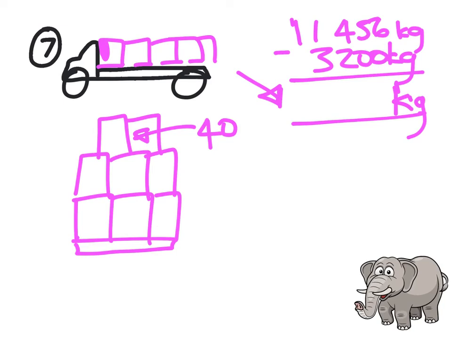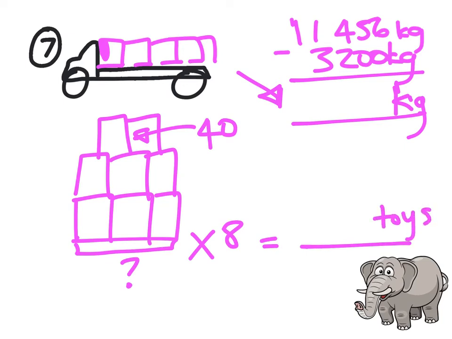So you can then tell me how many toys is on one pallet. You know that there's 8 pallets altogether, so you can tell me how many toys is on that lorry. Because you know each toy is 2 kilograms, then you can tell me how much the toys weigh.